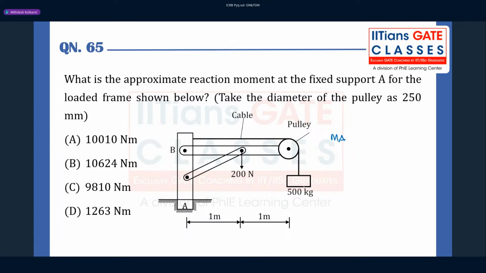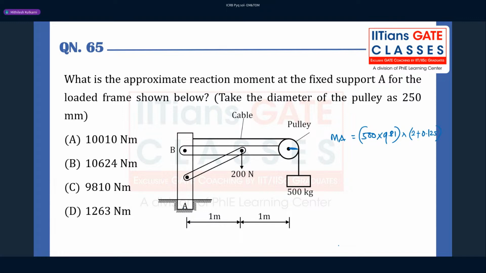So from the 500 kg, the moment generated will be 500 into 9.81, this is basically the weight acting in downward direction, multiplied by the distance. Distance is 1 plus 1, that is 2 meters. On top of that, you have to add the radius of the pulley, which is 125 mm. So it has to be 2 meters plus 125 mm, that means 0.125.